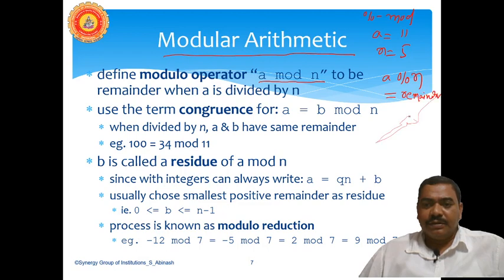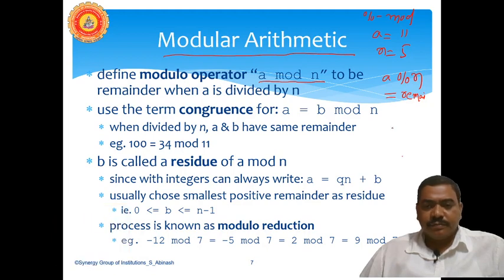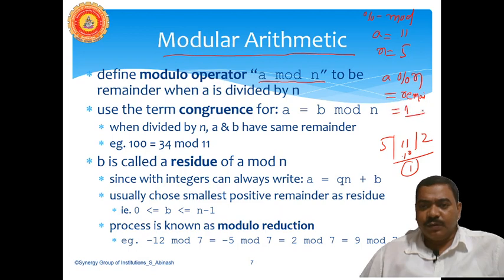Here, 11 divided by 5 gives 2 and the remainder 1. So 1 is the remainder, so the result will be 1.